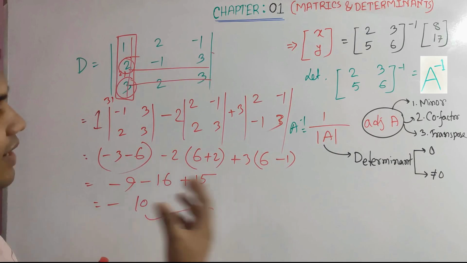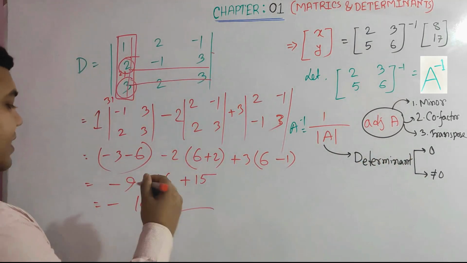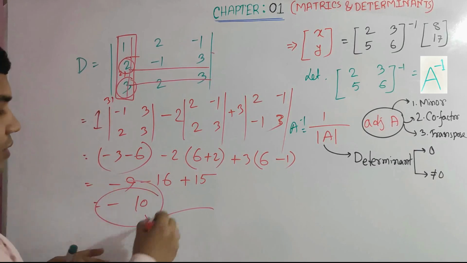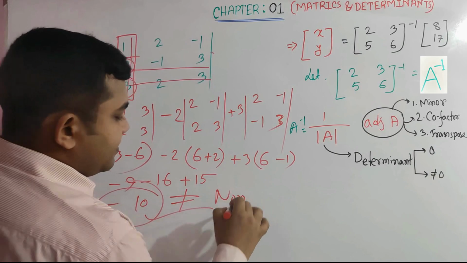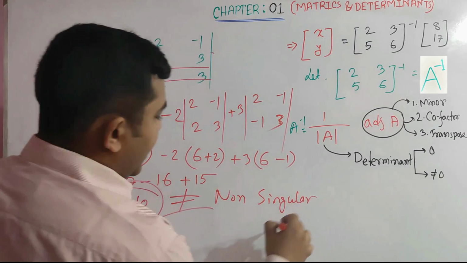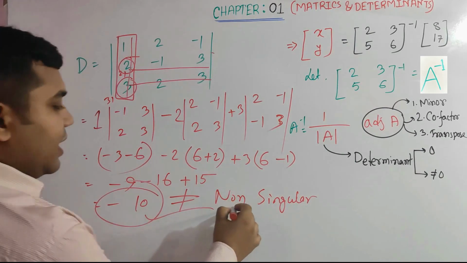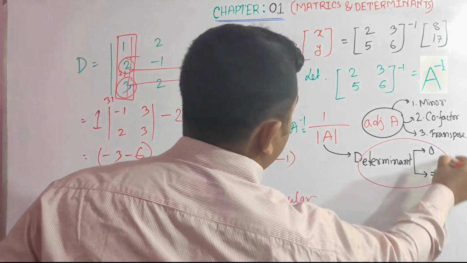Now we are trying to focus on the determinant, where if it is non-zero or not zero, then it should be a what? Non-singular matrix, and if it is zero, then it will be a singular matrix, what I was talking about in this part earlier.